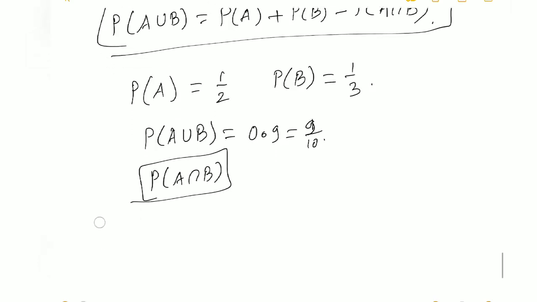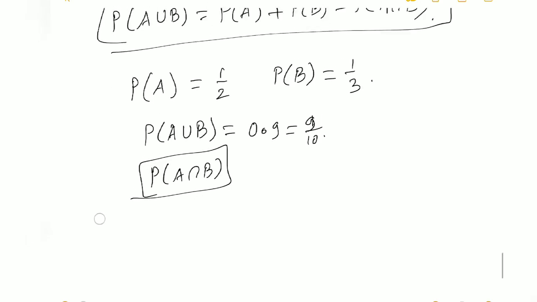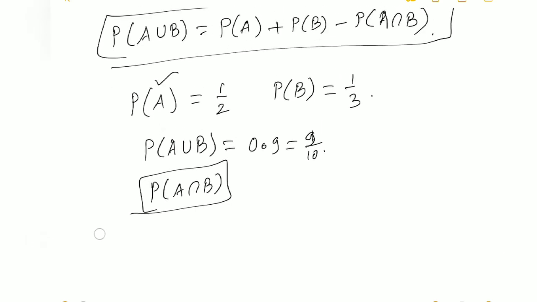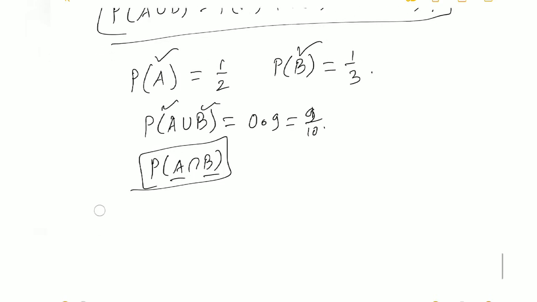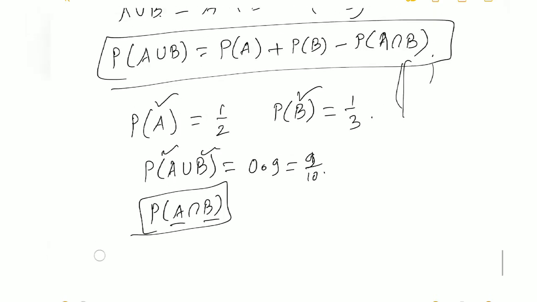Generally these types of problems will be given in more wordy language, because you will have one event A, another event B, then a line which describes the chance of A or B occurring, and they will ask you to find the probability of getting A and B both at a time. In that case, apply this formula.